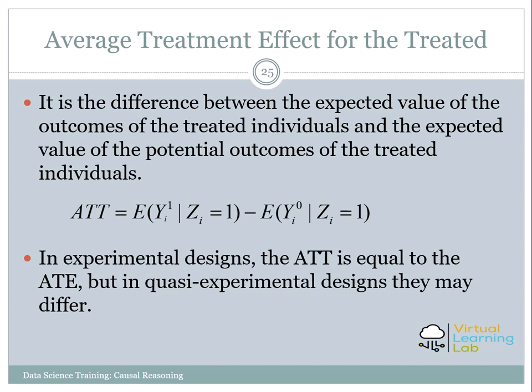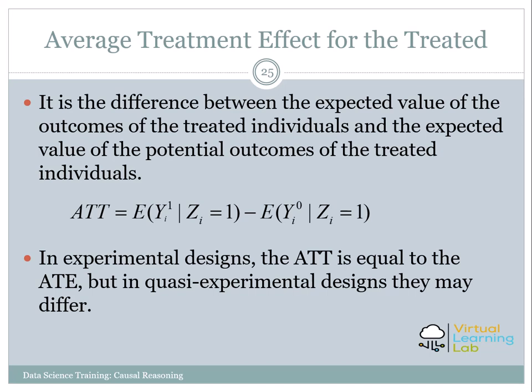In experimental designs, the average treatment effect on the treated is equal to the average treatment effect because the treatment and control groups are exchangeable. But in quasi-experimental designs, you can have an average treatment effect on the treated that's different from the average treatment effect.